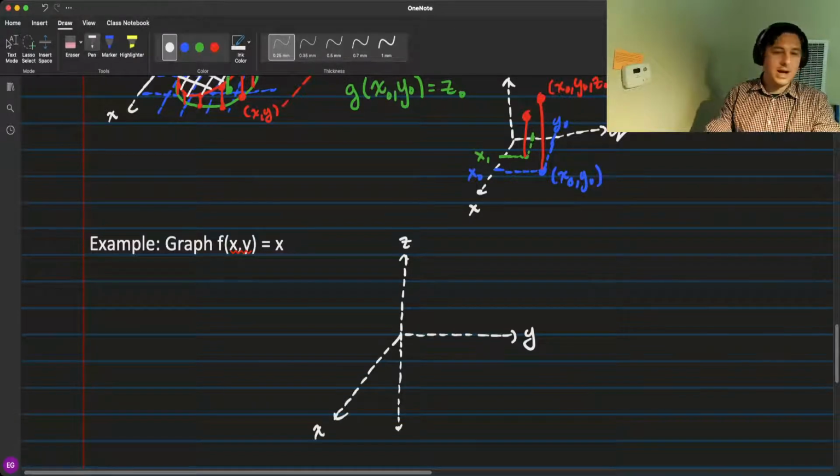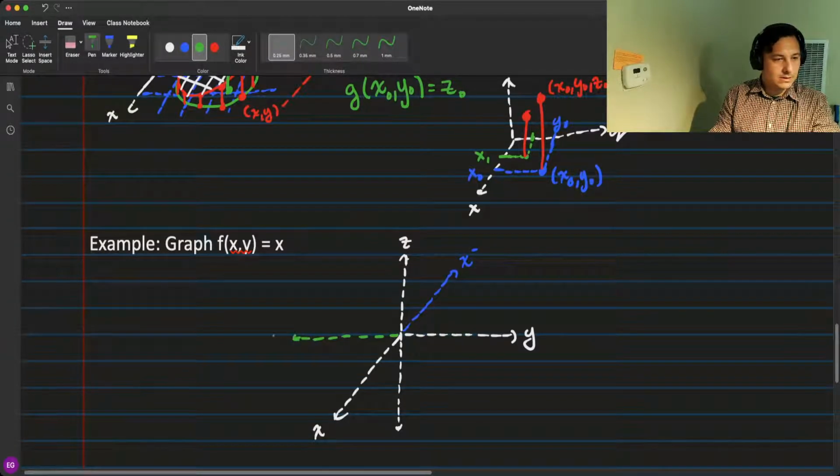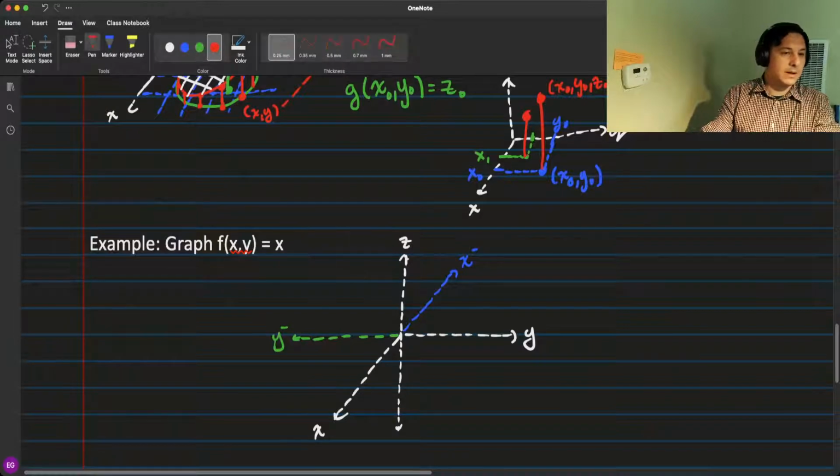And here's our positive x. So remember, this is your negative x-axis. And this is your negative y-axis. And I guess I should point out that this down here is your negative z-axis.